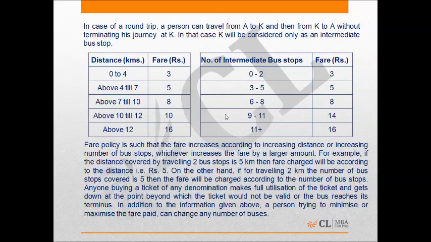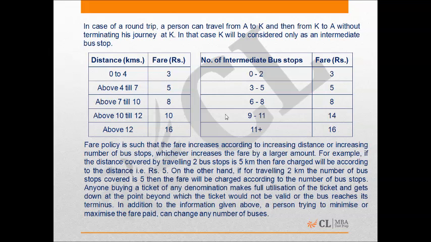To travel a distance which includes two bus stops, we need to pay rupees 3 as per the intermediate bus stop policy, and for traveling a distance of 5 km we have to pay at least rupees 5. In that case the fare computed based on the distance traveled is the maximum. So for this journey we have to pay rupees 5, not 3.